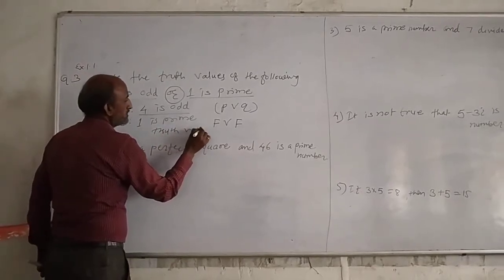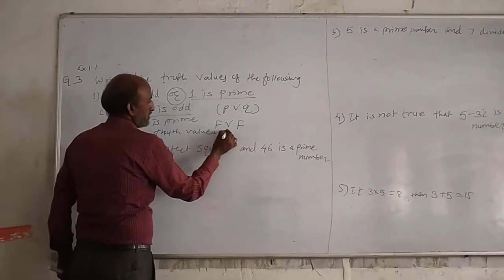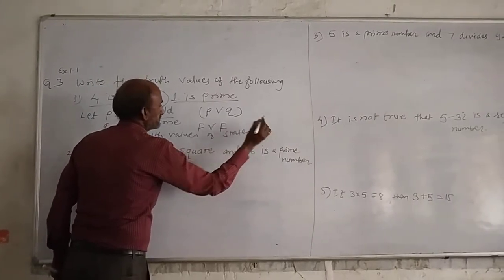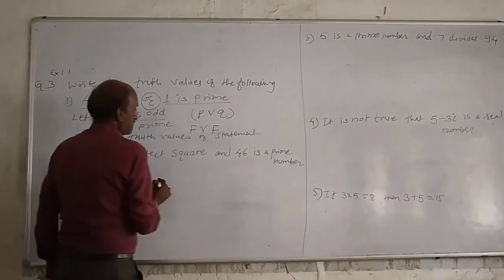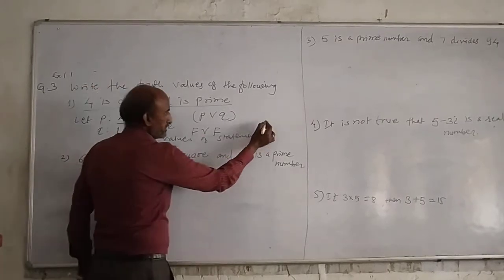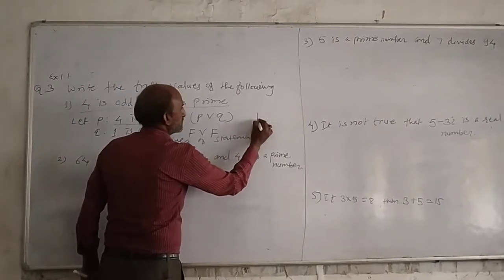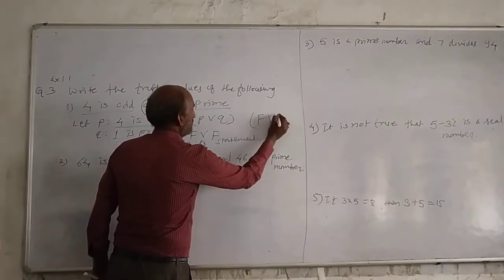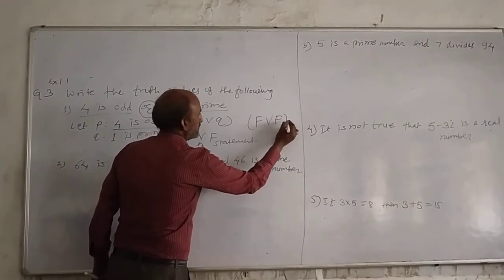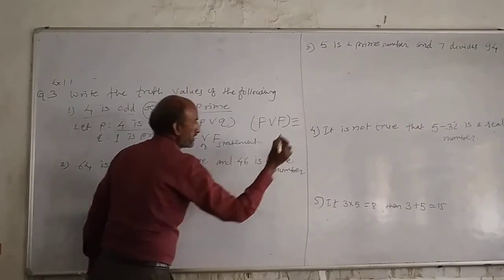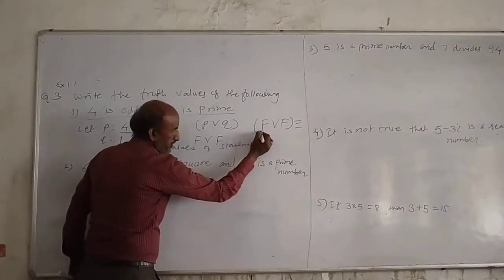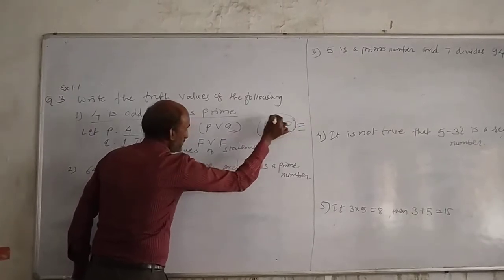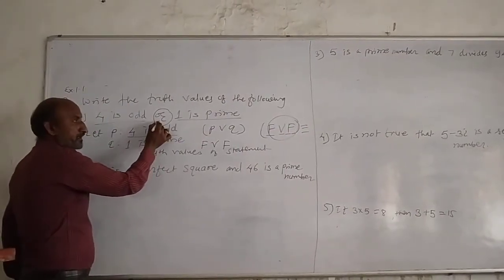And what are the truth values? How to write the truth values? Like this. First statement false, or second statement also false, is equivalent to... See here, this depends on the connective "or".